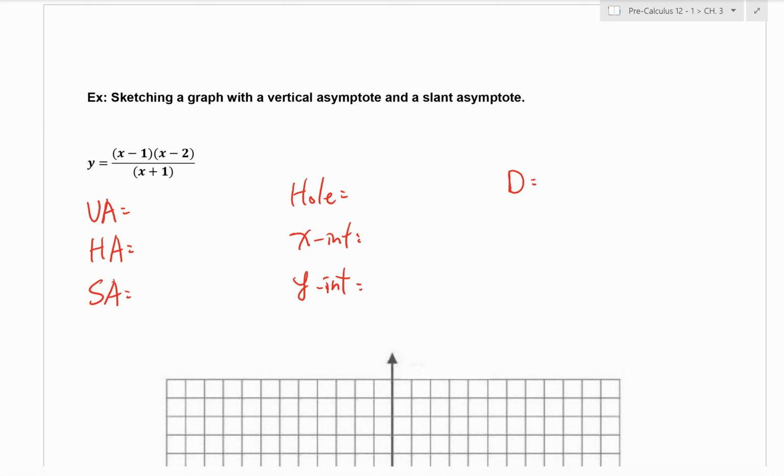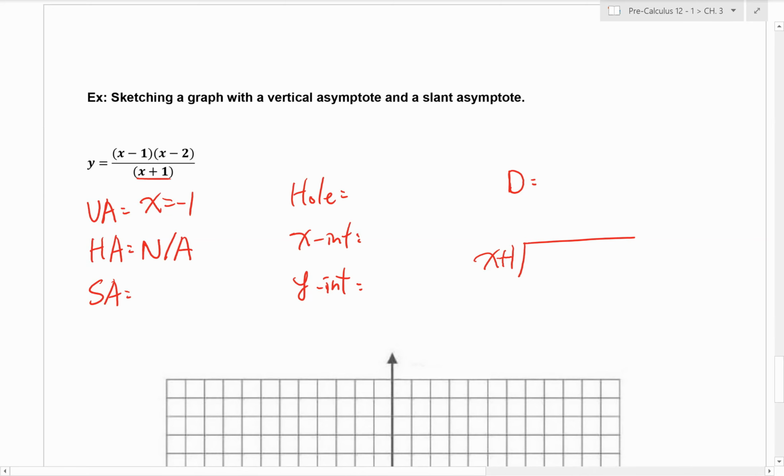That's fine. Okay, so vertical asymptote, I think it's clear. That's where we look at x equals -1. Horizontal asymptote, in this case we don't have any because the degree of the numerator is greater than the denominator. In fact, the degree is exactly 1 greater, which means we are going to have a slant asymptote.